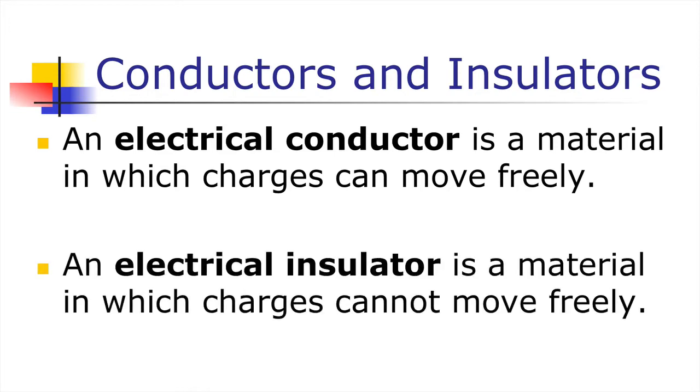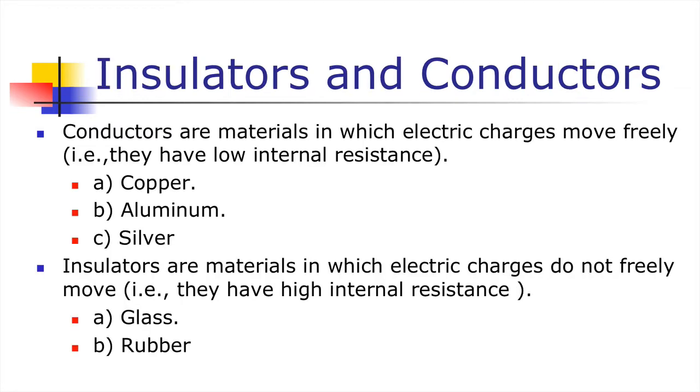On the other hand, an insulator is a material in which charges cannot move freely. Most of the time, charged particles are very close to the atoms. Those are a few examples that you can cite.